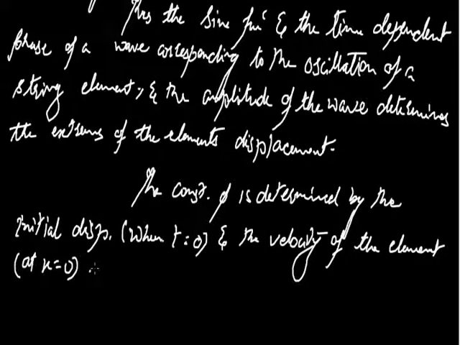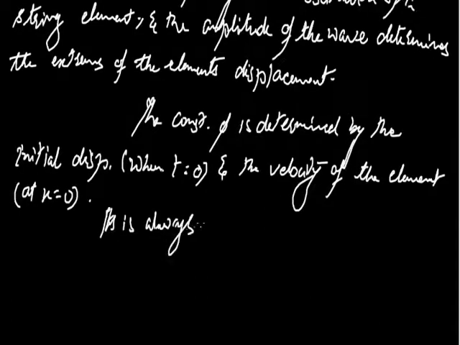It is always possible to choose a region where x equals 0 and the initial instant when t equals 0 such that the constant or initial phase angle will be 0, that means phi equals 0. Now there is no loss of generality in working with equation 1 with phi equals 0.